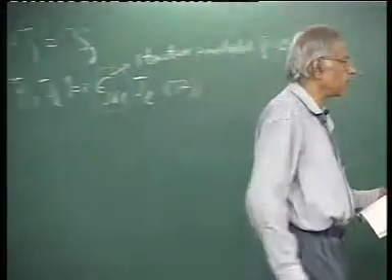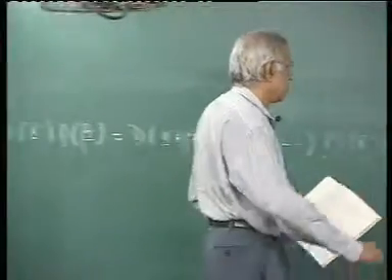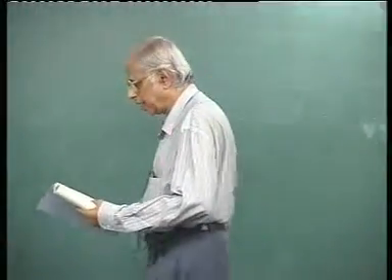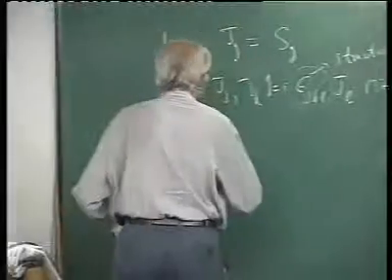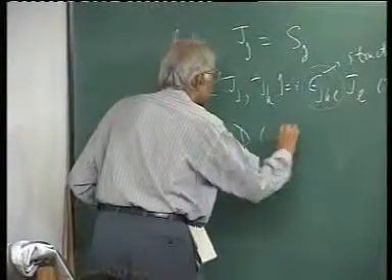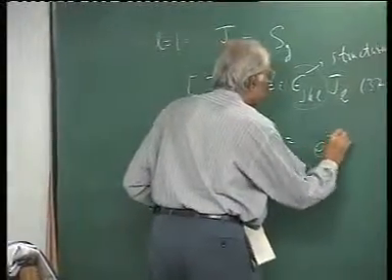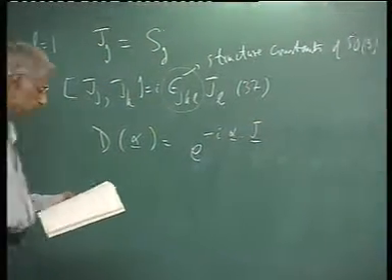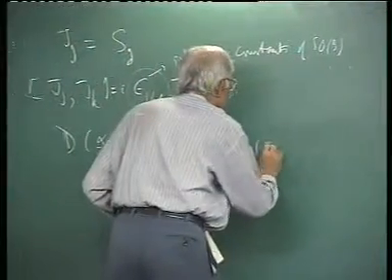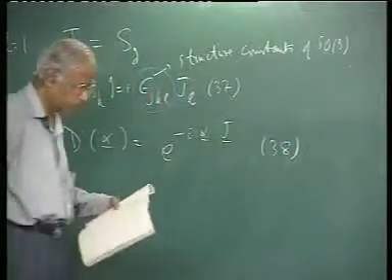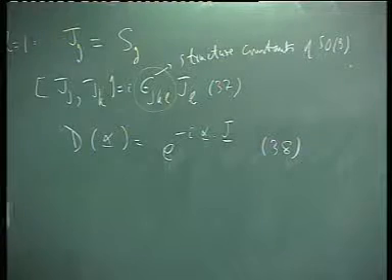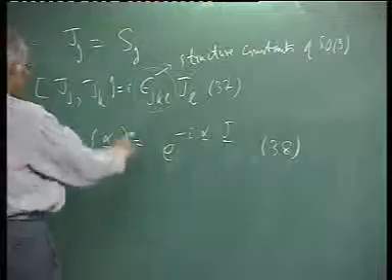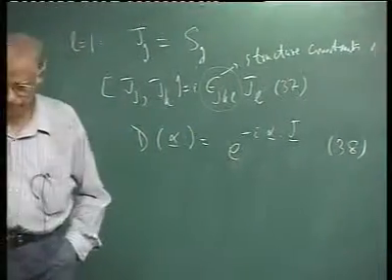One can go one step further. Here was the definition of the generators of a representation. One can integrate this, and one can show that for finite values of the axis angle variables, the matrices or the operators of a representation can be written in terms of the generators in this way, in the exponential form.